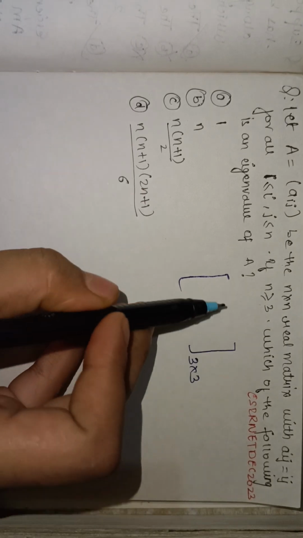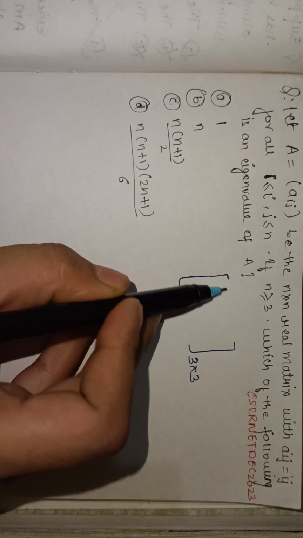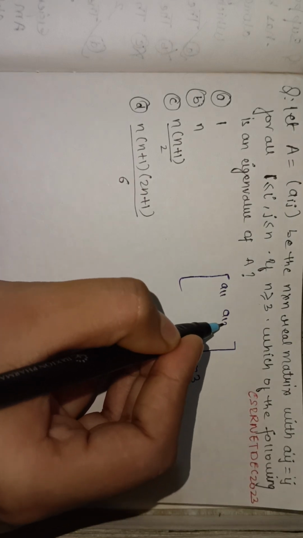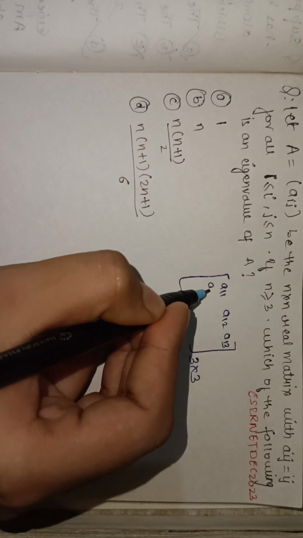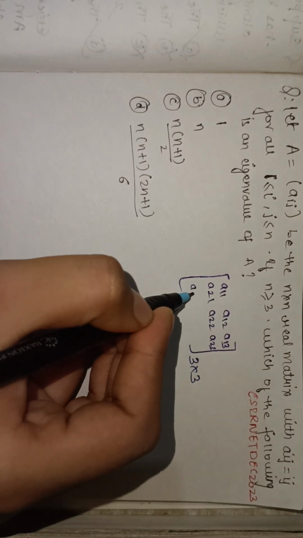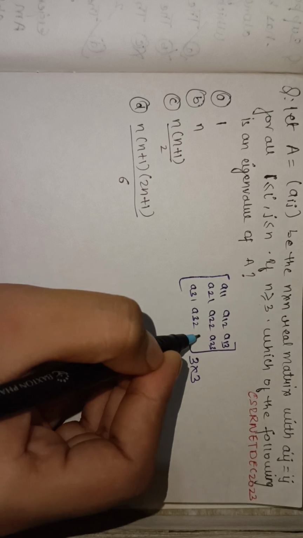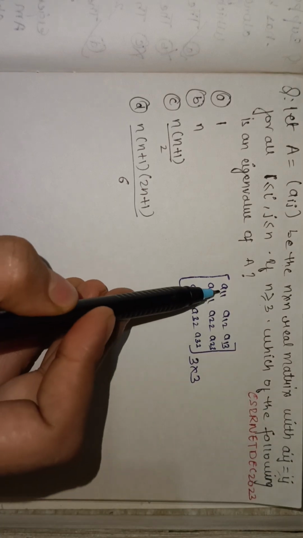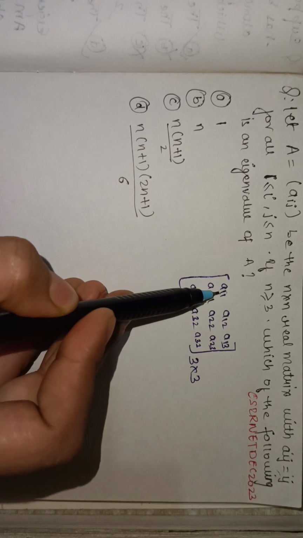It is aij. If we draw this matrix, this is a11, a12, a13, this is a21, a22, a23, and this is a31, a32, and a33. It is defined as i into j, where this is your i and this is your j. We have to find these terms.